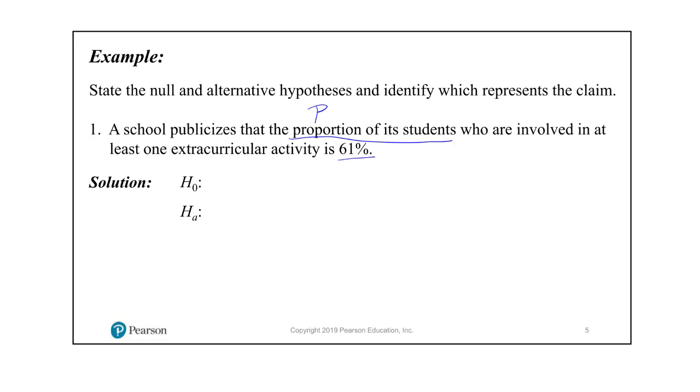Well, the school seems to be saying that P equals 61%, or in other words, 0.61. Now, where does that go? Well, since it has the equals, that has to be the null, H0.